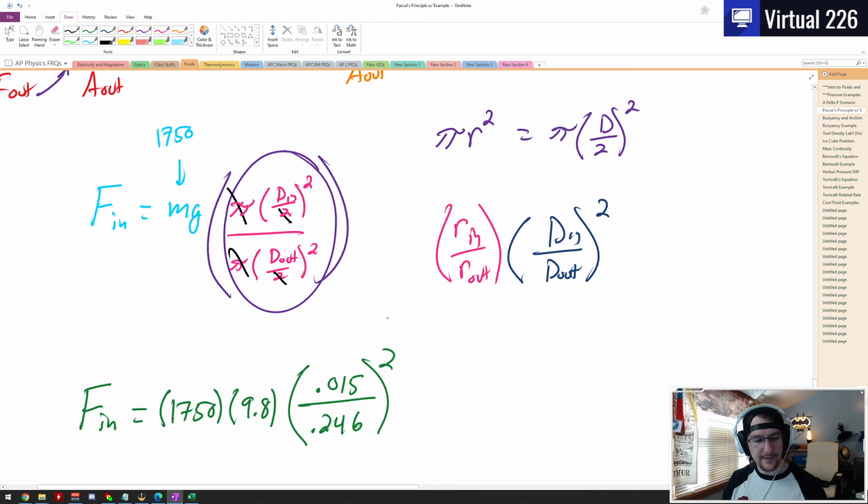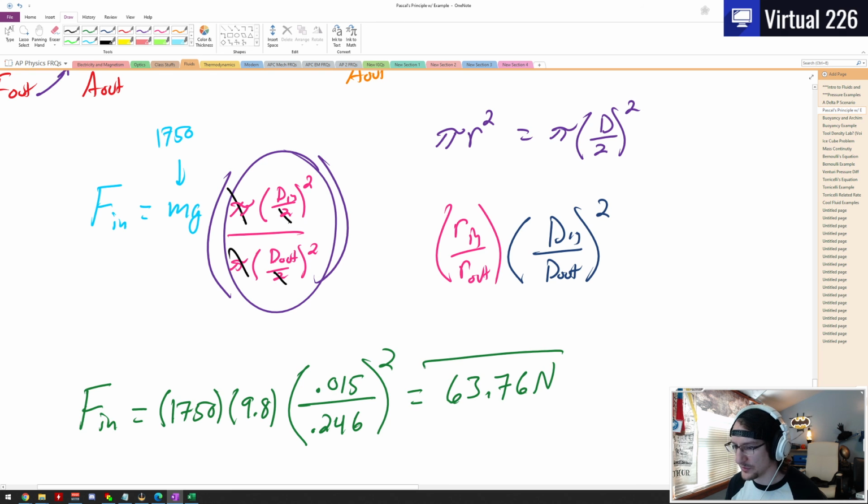So let's crunch this all through the calculator. 1750 times 9.8 gives us 17,150. And then let's hold that quantity and take care of this ratio. And I get as my final answer 63.76 newtons, which is somewhere around 12 pounds.